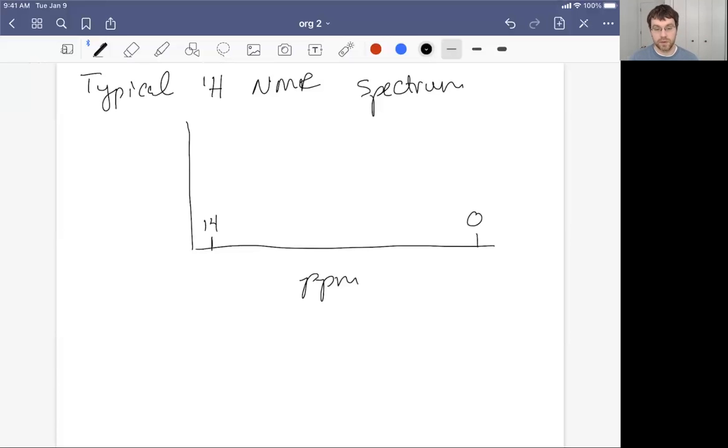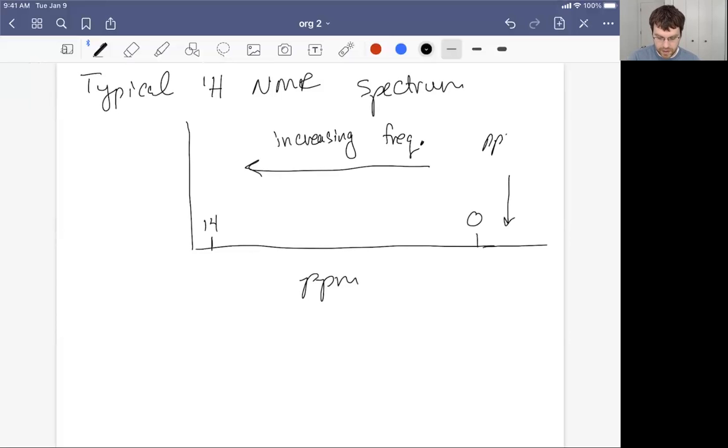So on the left, we start with the bigger numbers, and we go down to 0. First of all, observe that we go from increasing frequency from right to left instead of left to right. The other thing to make note of is that I can actually have negative numbers.